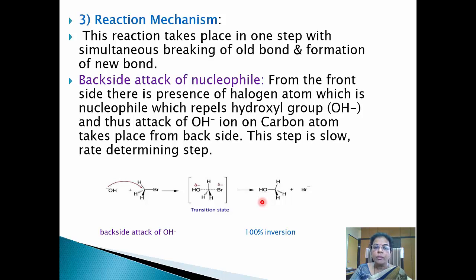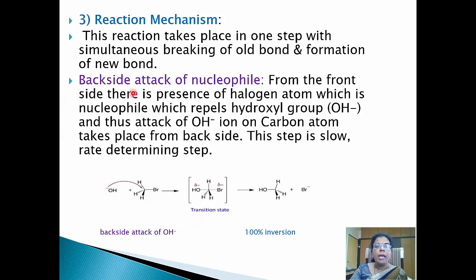Therefore, 100% inversion of configuration takes place. 100% inversion means if this compound is an optically active compound, or this carbon atom is an asymmetric carbon atom, and if this is the D isomer, then we will get the L isomer. That is, 100% inversion of configuration occurs during the SN2 reaction mechanism.